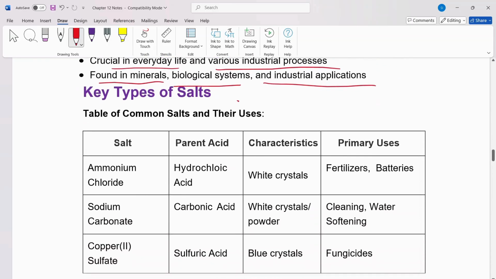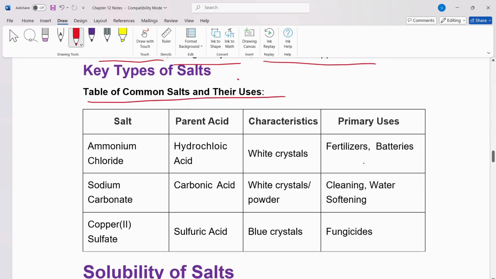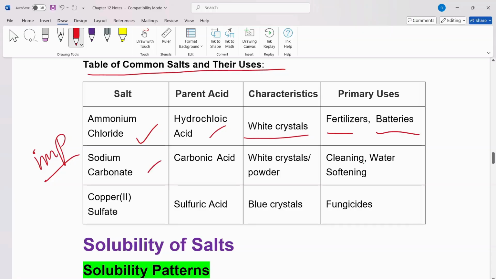Key types of salts, a table of common salts and their uses, very important from an exam perspective. Salt such as ammonium chloride. The parent acid is hydrochloric acid. Characteristics are white crystals. Primary use is fertilizers and batteries. Then we have sodium carbonate.